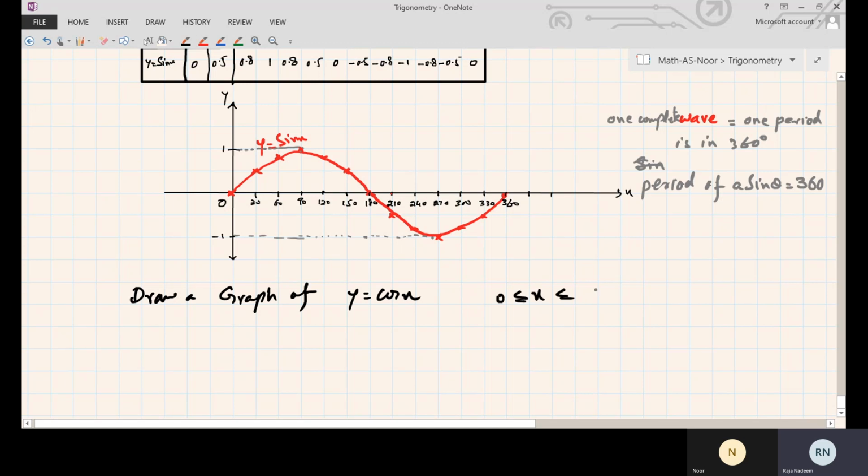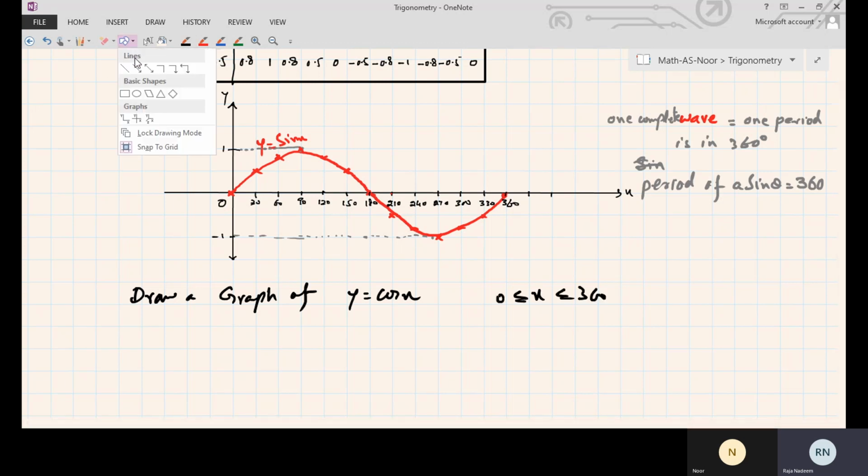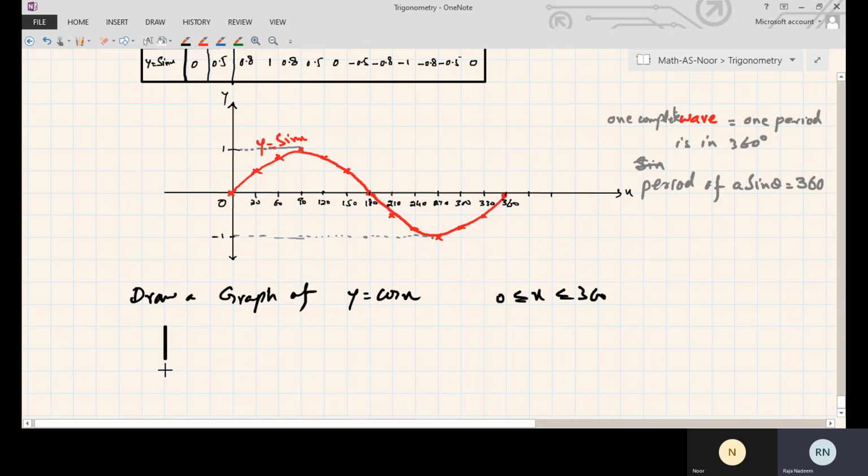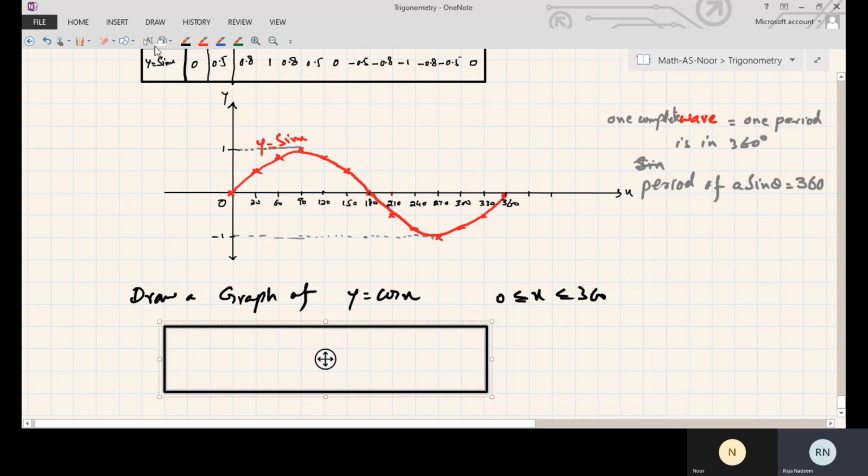Domain value is from 0 to 360, and for the table we'll say this is the value of x and y is equal to cos of x.